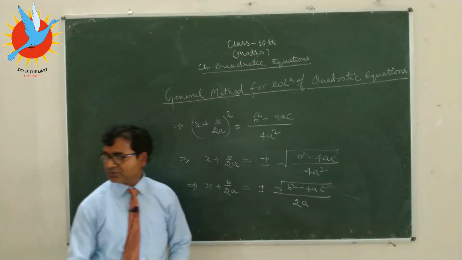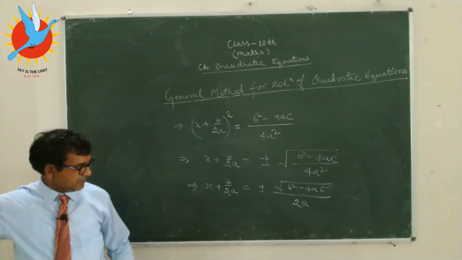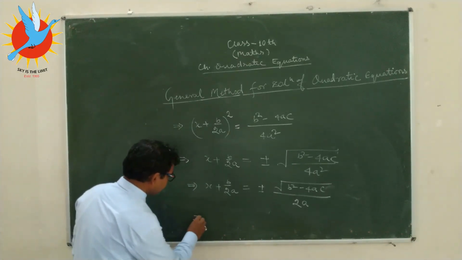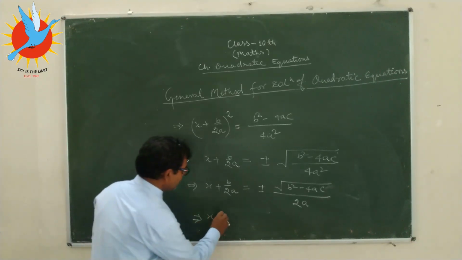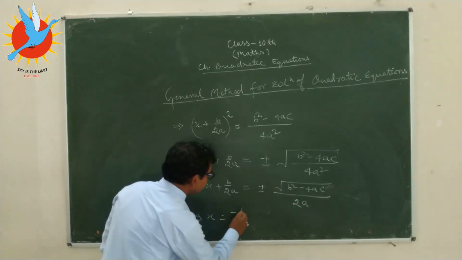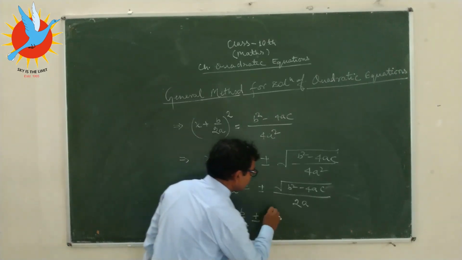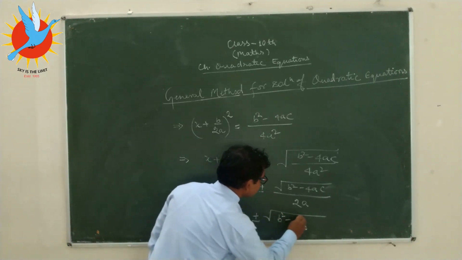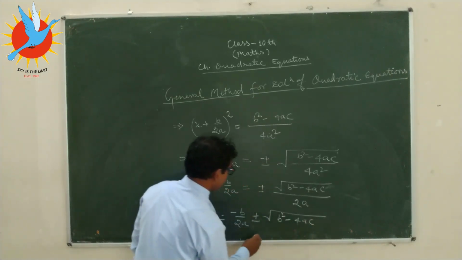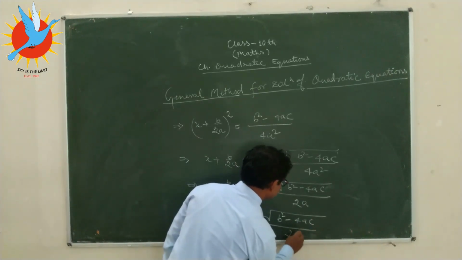Transpose this to the right hand side. We have x equal to minus b by 2a plus minus root over b square minus 4ac upon 2a.